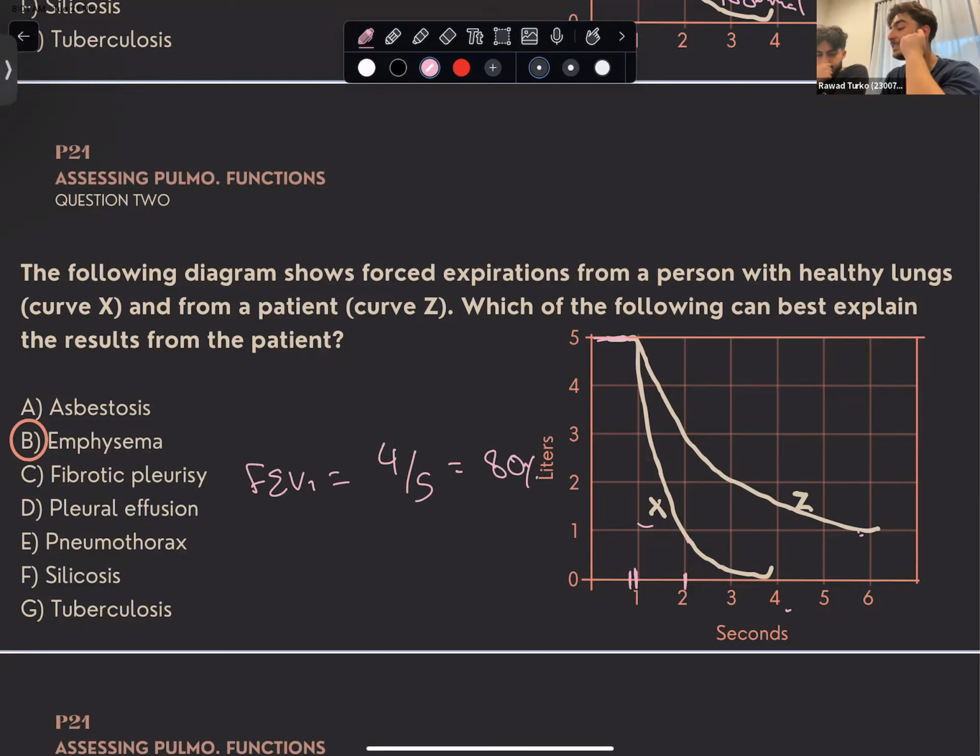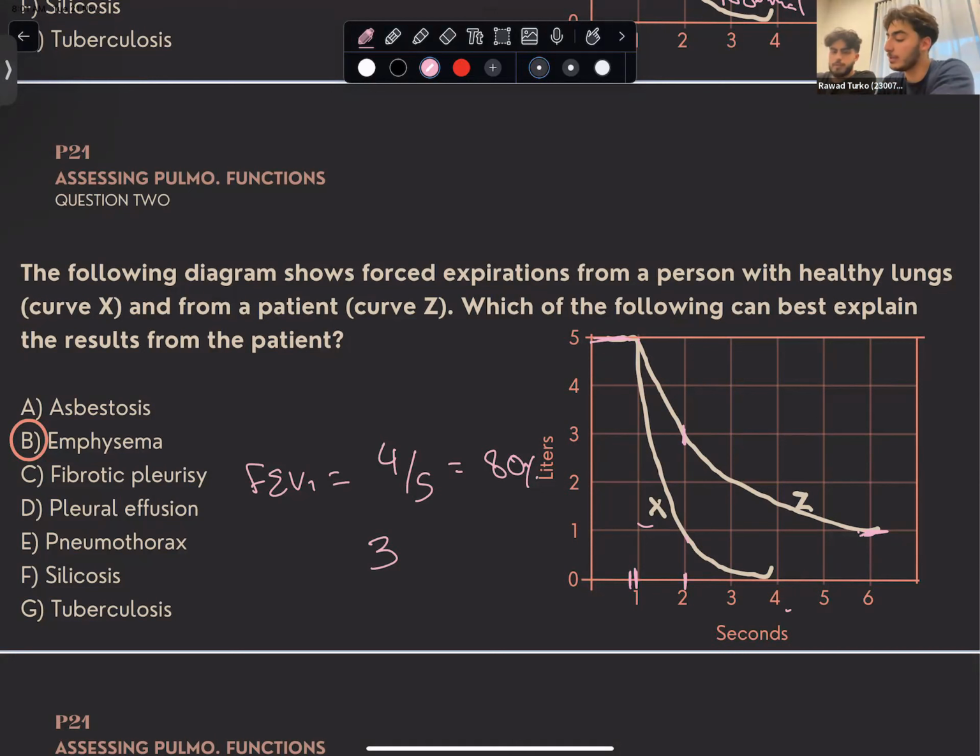In the diseased patient, or the person with the obstructive disease, in the same second, instead of going all the way down to 1, they're going from 5 to 3. But notice how their curve doesn't go all the way down to 0, like in the normal person. It only goes down to 1. That tells you the total forced vital capacity is less than the normal person's forced vital capacity.